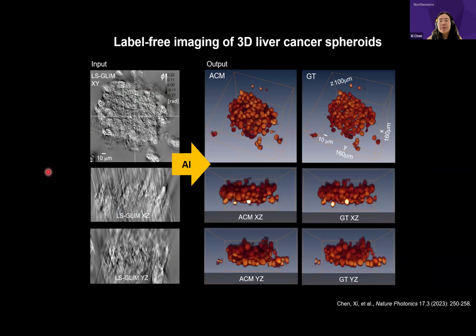Of course, the main aim of developing this is to image organoids. After you input the label-free phase images, the network outputs computed confocal fluorescence images that look like the ground truth, which is provided by staining and imaging with physical confocal fluorescence microscopy.